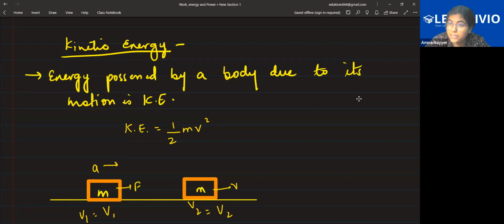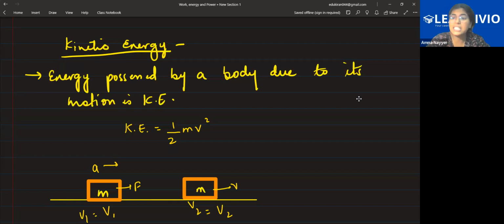Kinetic energy comes into action as soon as the body comes into its state of motion from the state of rest, because there will be work done when the body goes from rest to motion.